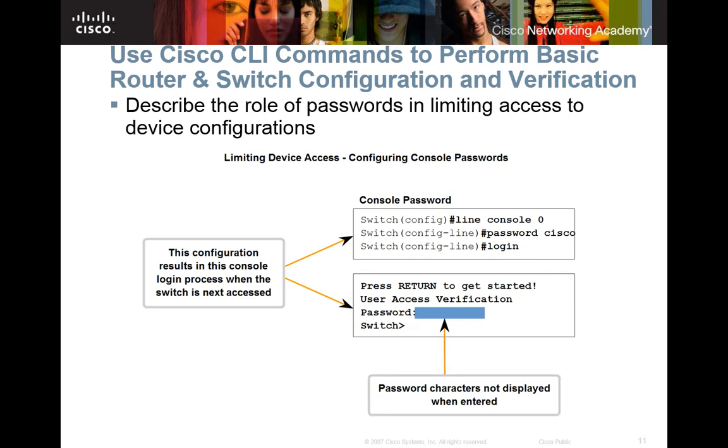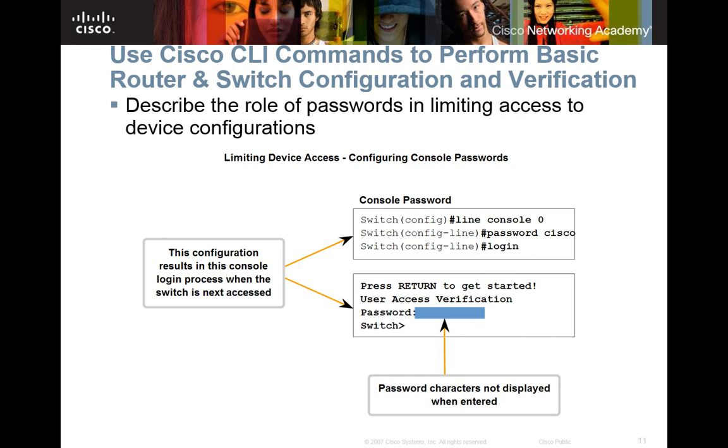All right. Line console 0. If I'm trying to limit access to things, usually it's going to be line console 0, so that your 4 VTY consoles are not lit up. Password Cisco, login. Boom.